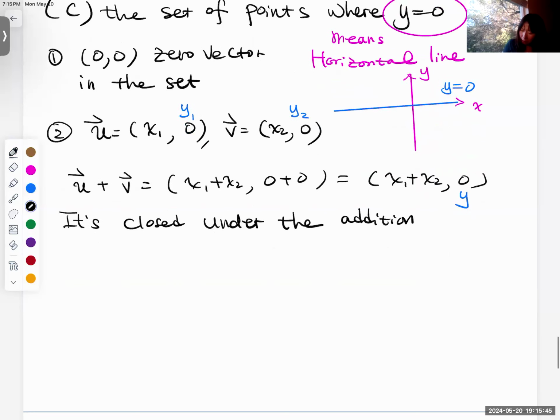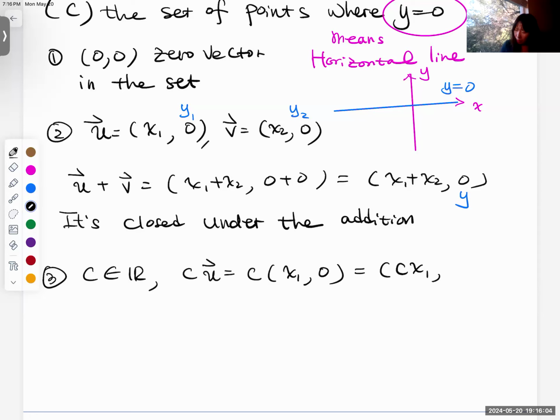Okay, number 3. Scalar multiplication. So let C equal to any number. And then C u, which is C x sub 1, 0. That is C x sub 1, then 0, right? So this is a form of y equal to 0.